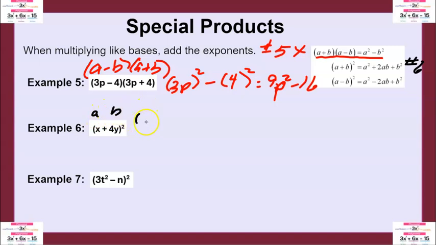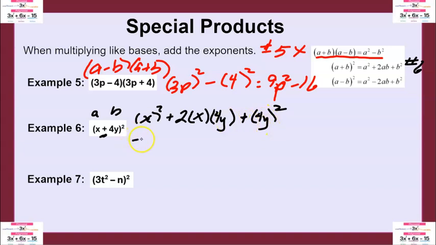Now this sign right here tells you what sign to start off with in here. And the last term is always going to be positive. So now I just have to put the a's in here. So x, x, and my b is 4y.